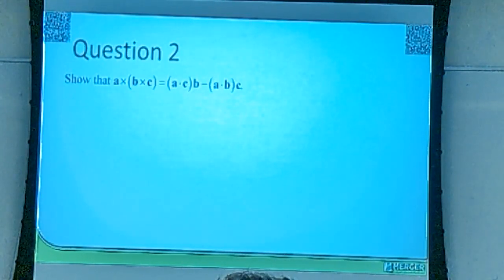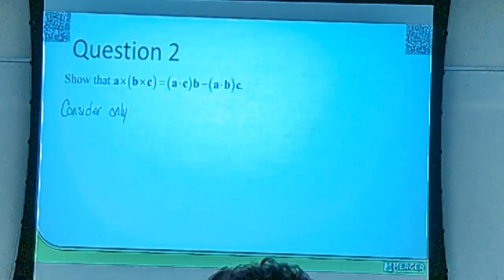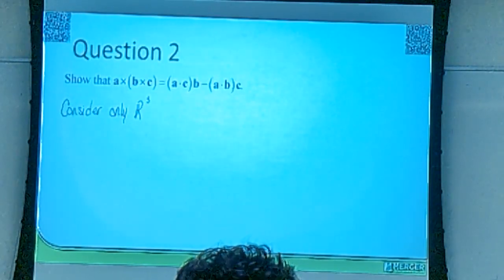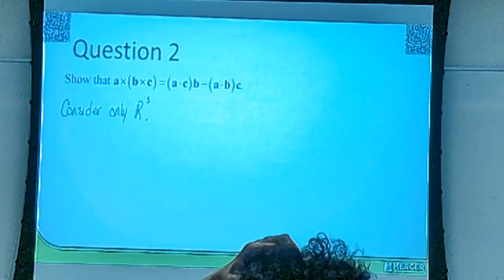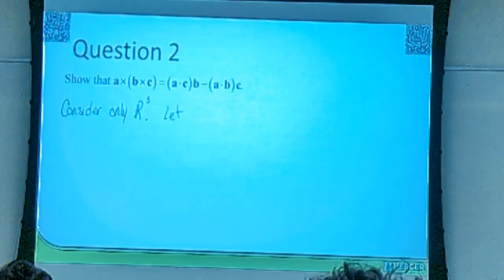I'm going to do this in 3 space. Let's define 3 vectors.